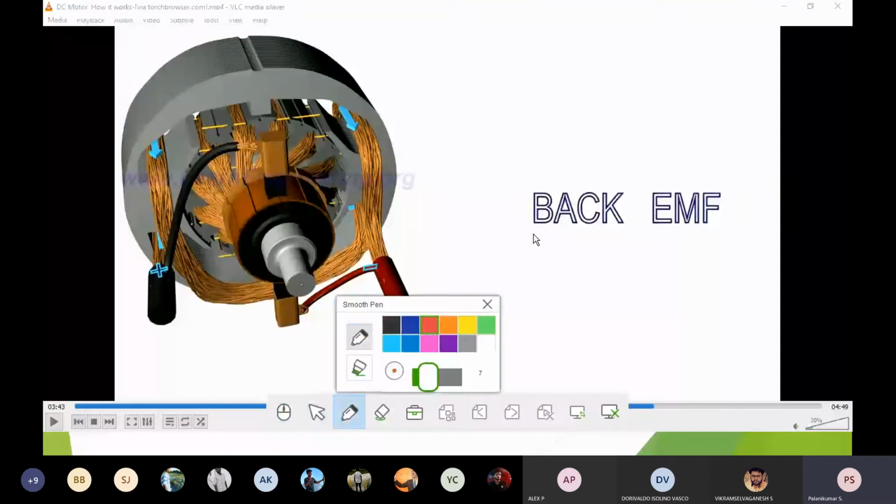Rotation. So that EMF acts against the supplied voltage. That is called back EMF. A very big advantage of back EMF is that it limits the motor current. So back EMF is a very important concept. This back EMF is directly proportional to the speed of the motor.